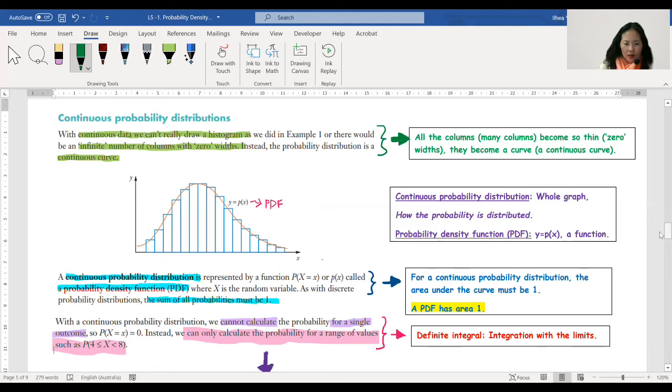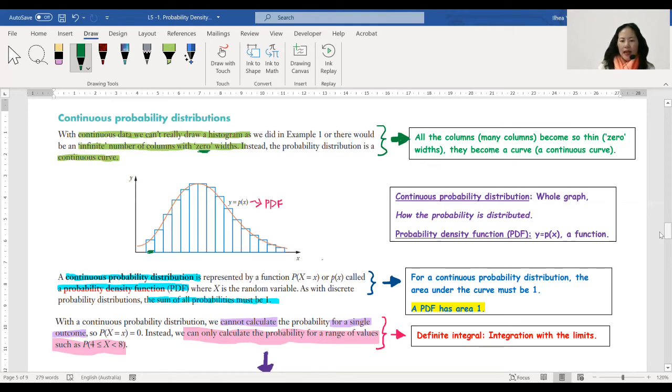So imagine this column is going to be sliced into very, very thin discs. It's continuing, so they are very, very small and thin. That's what it means by 0 width, and it becomes curved because you can't really see the columns, they are so small.